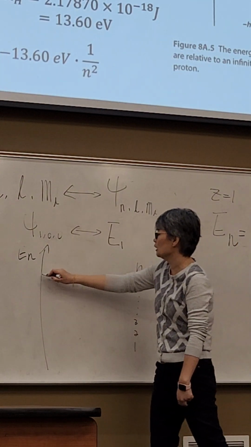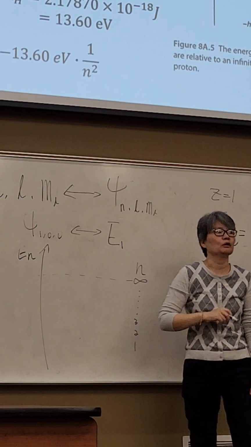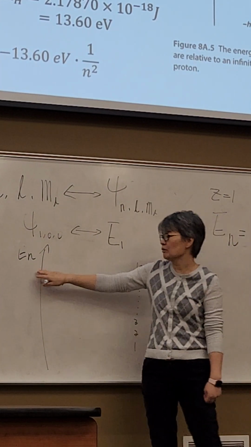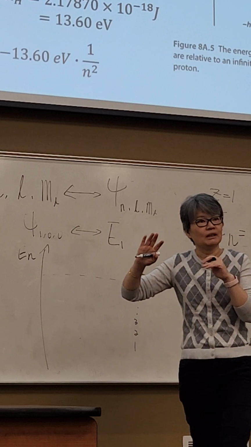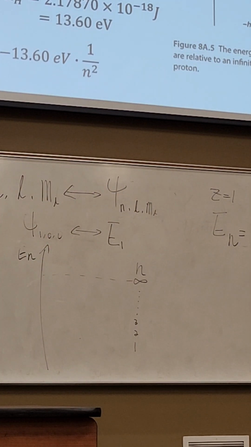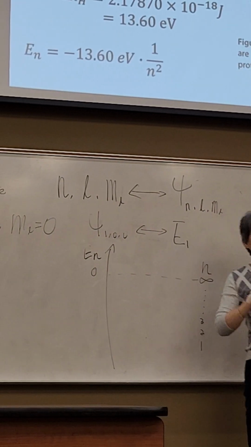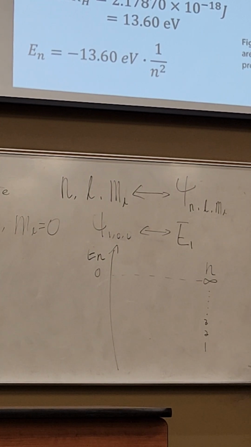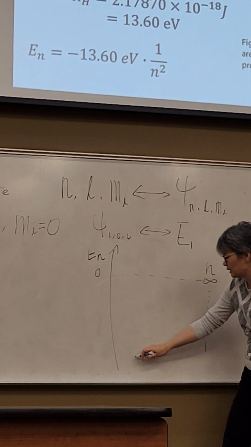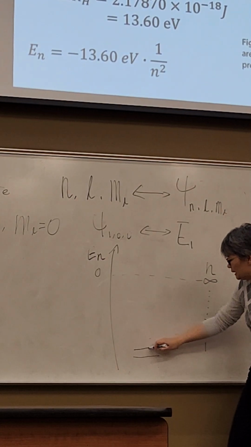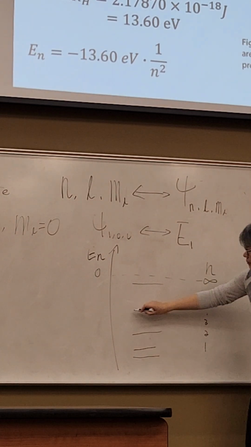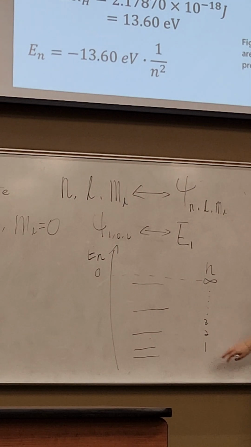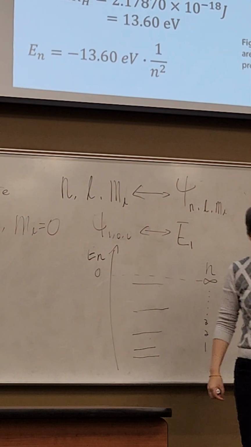We know that when n approaches infinity, what will the energy for the electron approach? Zero. So instead of writing a number, we just use a line to indicate the values, corresponding to n equal 1, 2, 3, 4, and so on.